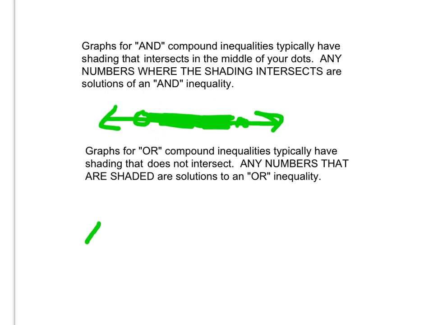And graphs for an OR inequality are typically going to have shading that doesn't intersect. So the shading is going to look like this. And any numbers that are shaded are solutions to an OR inequality. So any numbers out here and any numbers out here are solutions. Let's talk about solving them now.